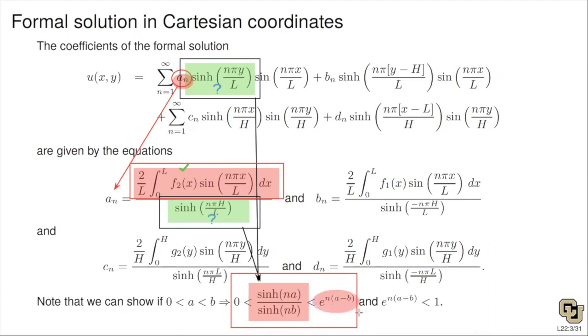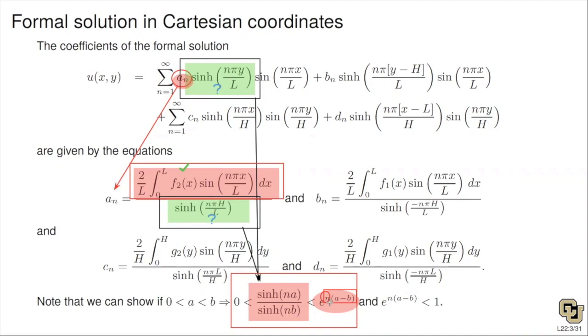At the end of the day, this quotient of sinh is kind of like our decaying exponential time term in a heat equation, although it does not involve any of the variables of our PDE. There's no x or y variable up here, but n is going to infinity. So here, a minus b is negative, and n is blowing up to infinity. So this is like e raised to negative n, and n is going to infinity. So the whole exponential shuts down to 0.